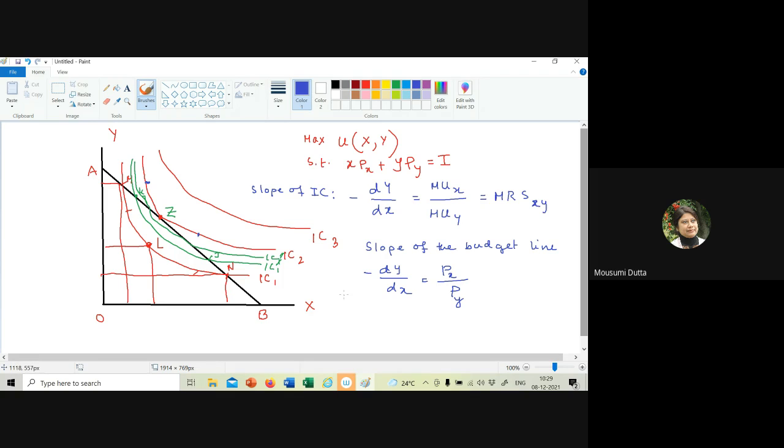At Z, the two curves are tangent to each other.